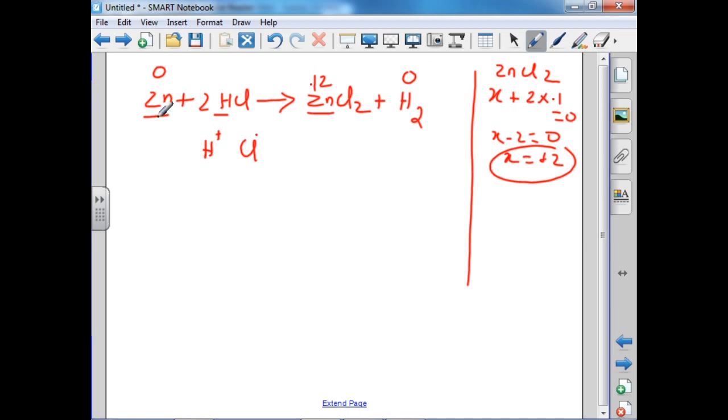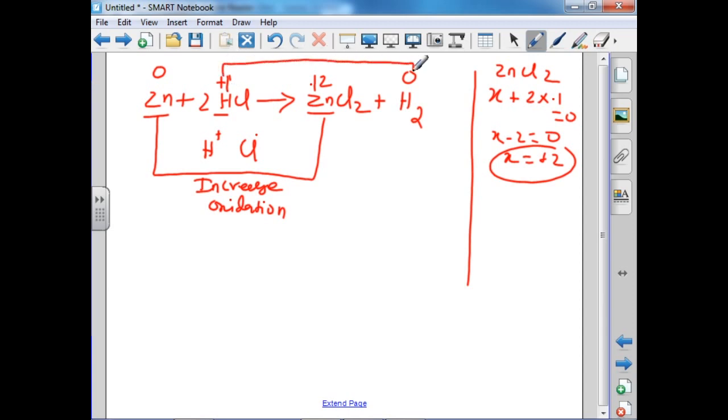So zinc goes from 0 to plus 2, that is an increase. Increase means oxidation. The oxidation state of hydrogen in HCl is plus 1. Plus 1 to 0, decrease. Decrease means reduction.